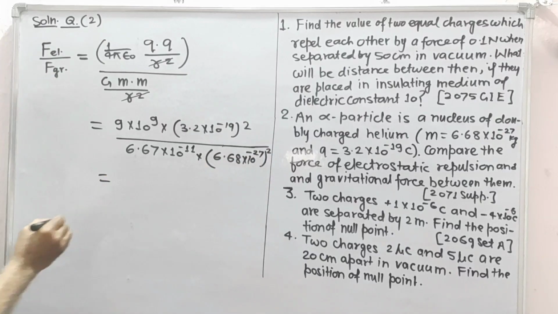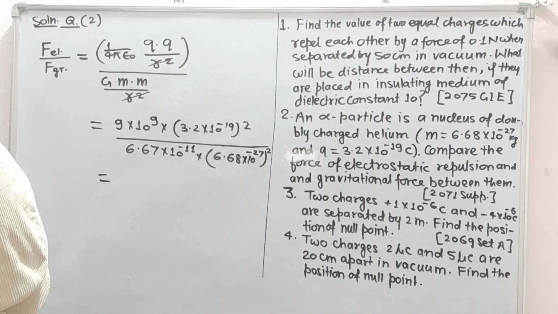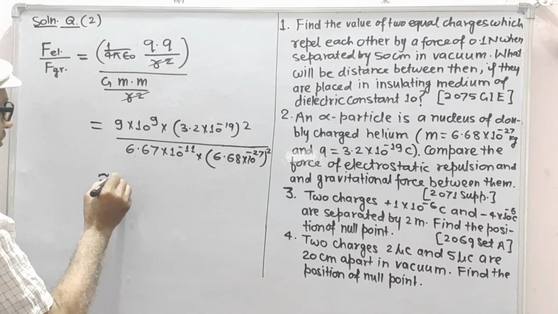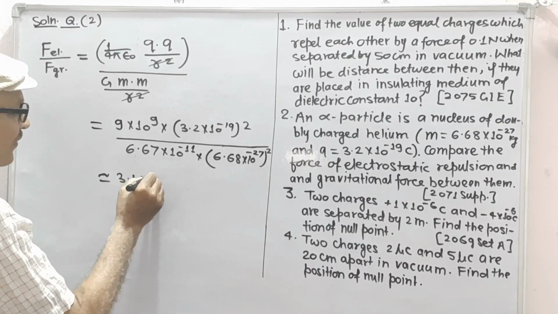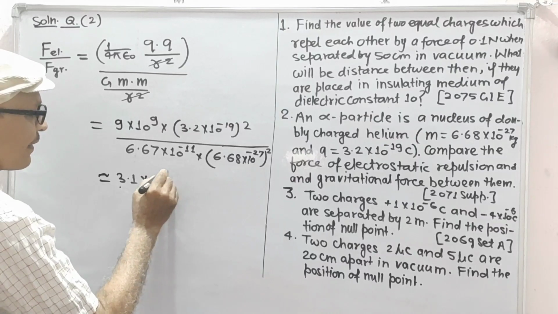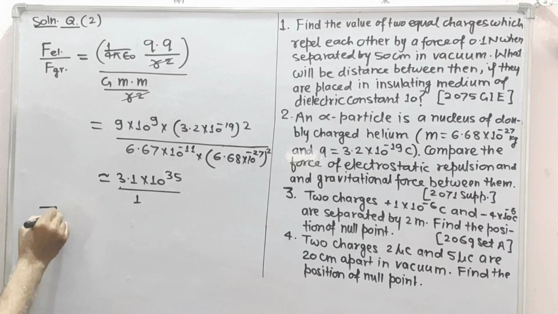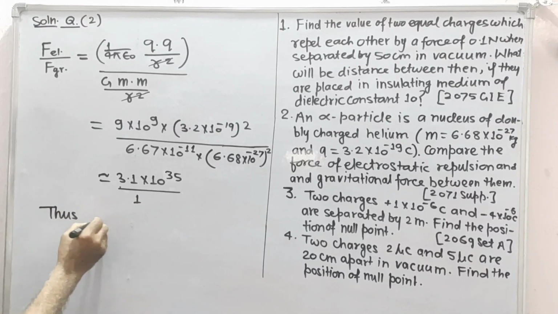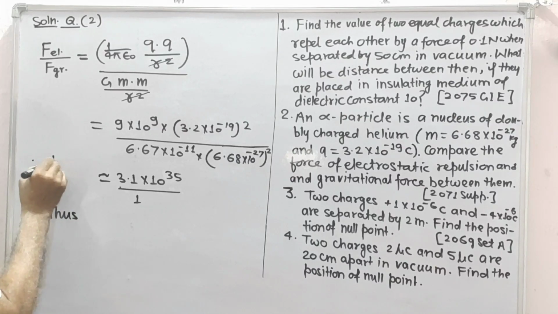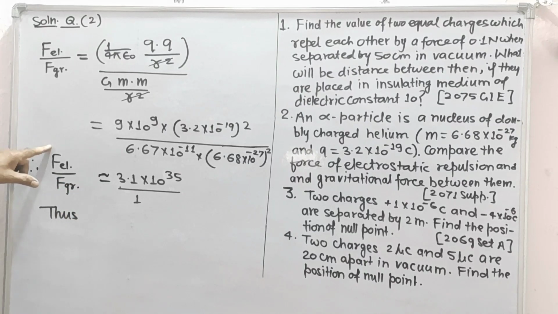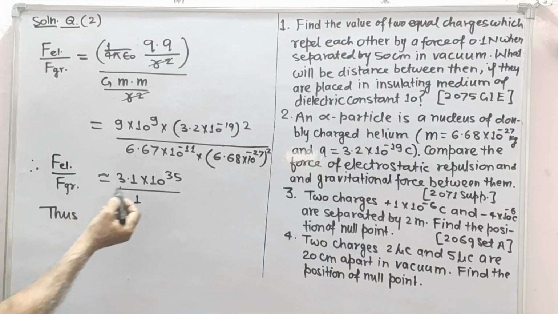On simplification we get the ratio nearly equal to 3.1 into 10 to power 35 is to 1, and thus the ratio of electrostatic force of attraction and gravitational force between two alpha particles is this much.